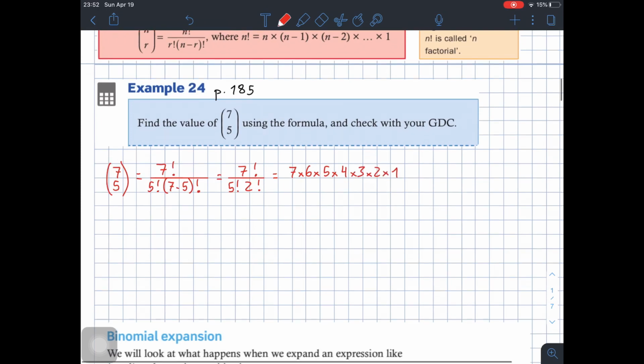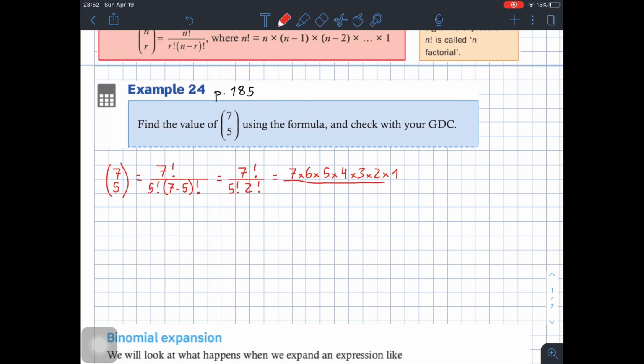Remember, we're not using a calculator first. And then 5 factorial is 5 times 4 times 3 times 2 times 1. And finally, 2 factorial is 2 times 1. Okay, so you see here that many of the terms get simplified. All of this gets simplified with all of this, right?